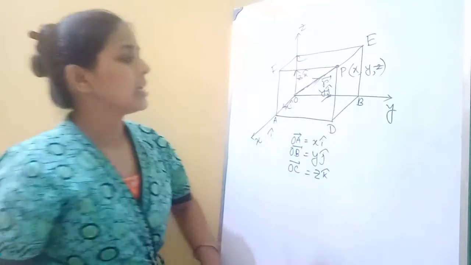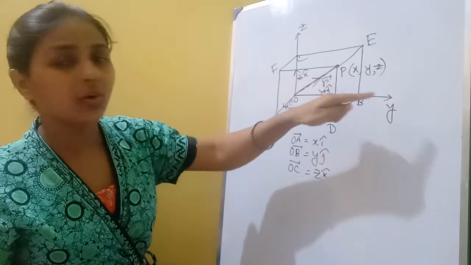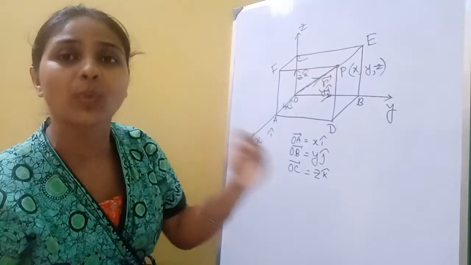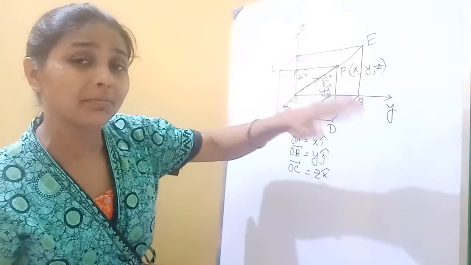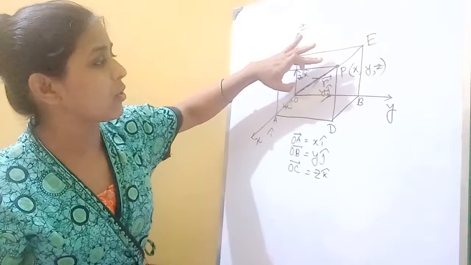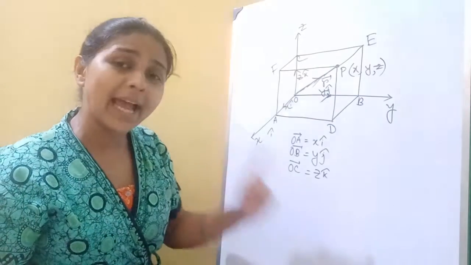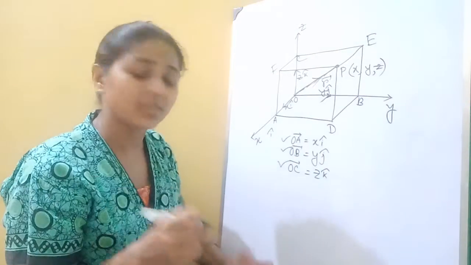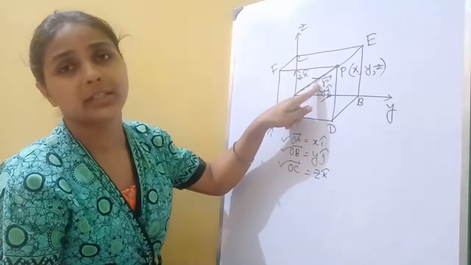These will be three vectors along the x-axis, y-axis and z-axis, depending on the point P, x, y, z. That means depending on the vector OP, or you can say depending on the vector r. That means these three are the vector components of the r vector.